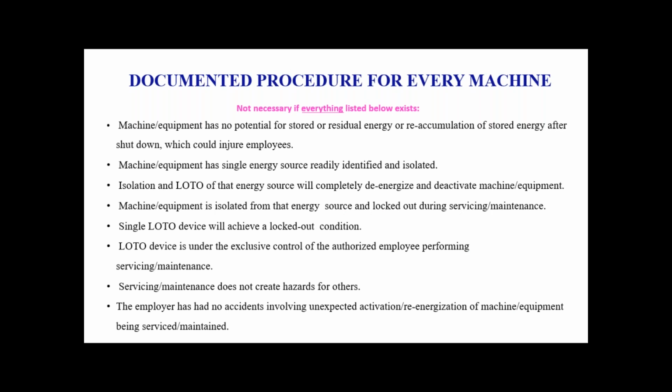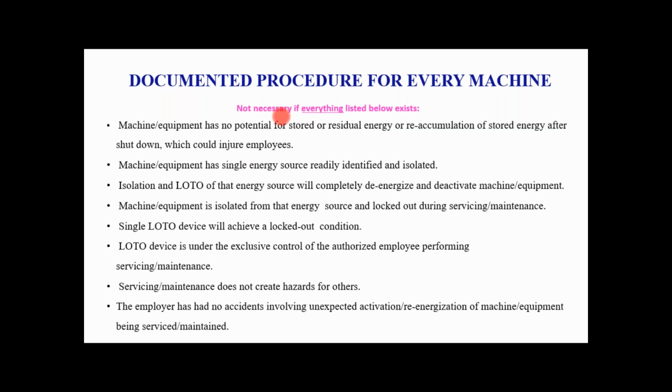So what are the documents which are useful for these LOTO systems, especially when we are talking about the LOTO system application for the machines? The machines or equipment has no potential for stored or residual energy or reaccumulation of stored energy after the shutdown, which could injure employees.